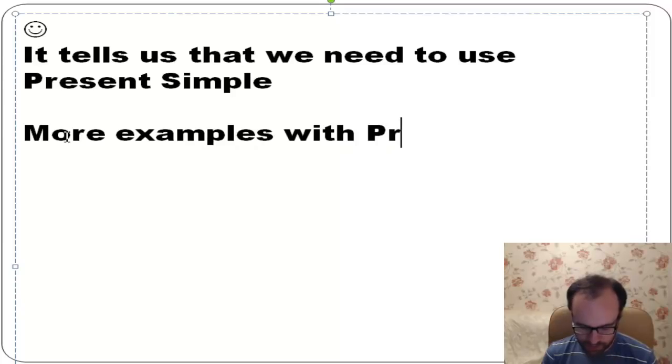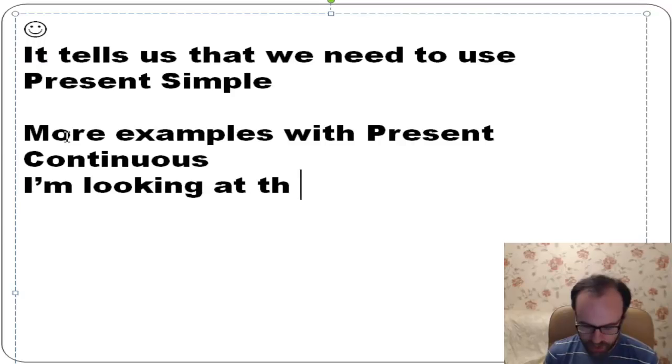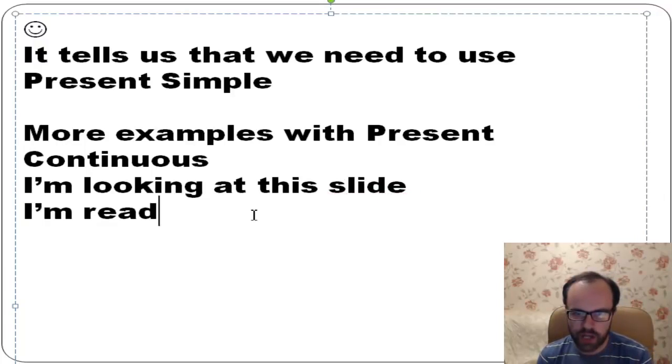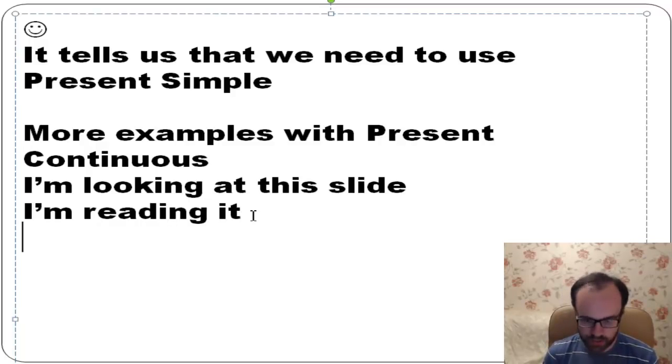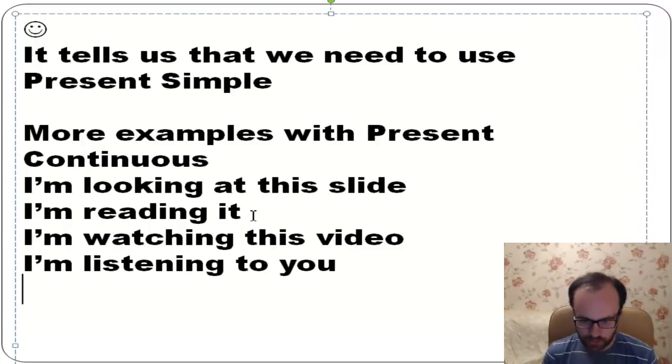Okay, so more examples with present continuous. For example, I'm looking at this slide. I'm reading it. I'm watching this video. I'm listening to you. I'm learning English.